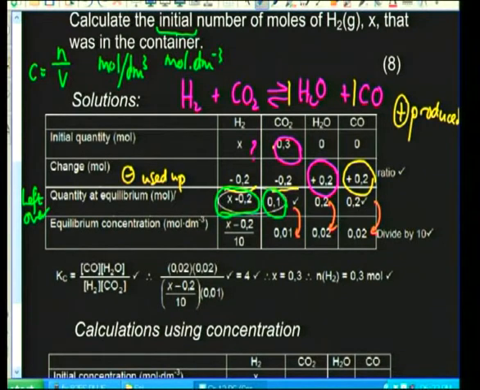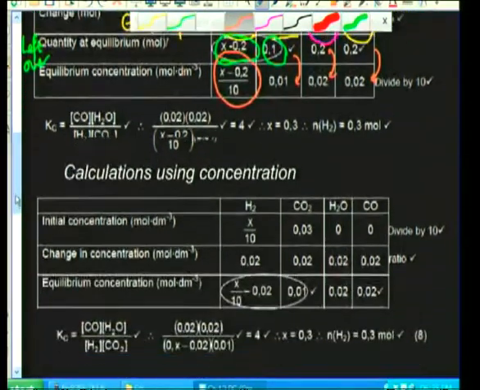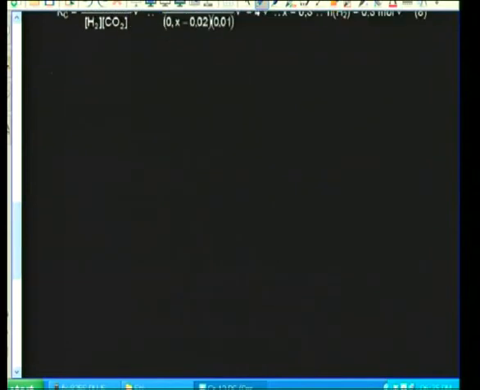Now I come across here, and this is what I'm going to be using to work out the value of x. So now we're going to use the value for Kc that we were given in the question to work out the value of x. The Kc value is a very important value. It's a ratio of products over reactants.